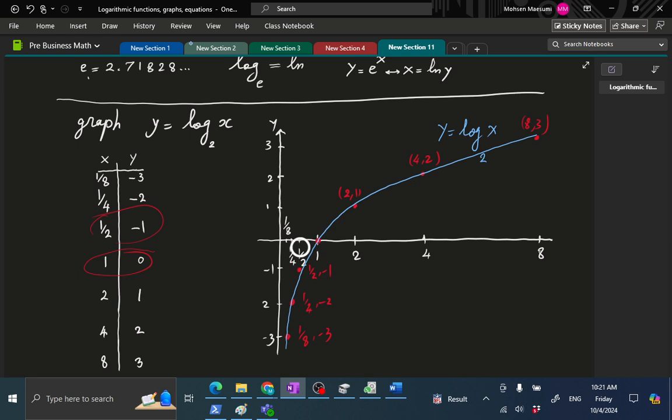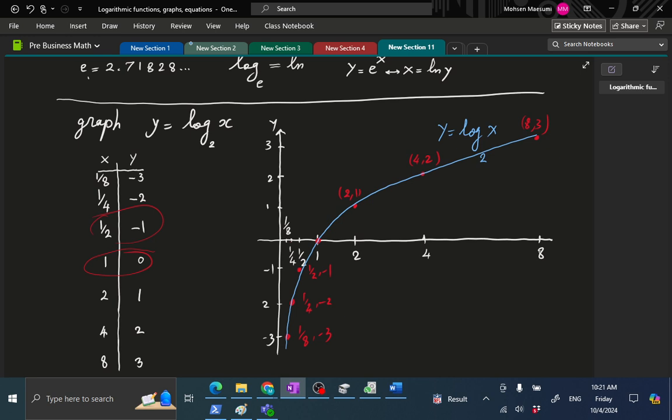And this is going to get bunched up closer to the y-axis. Once you see one of these logarithms, you have essentially seen all of them. The logarithm of x in base b for any b larger than 1 looks kind of like this.